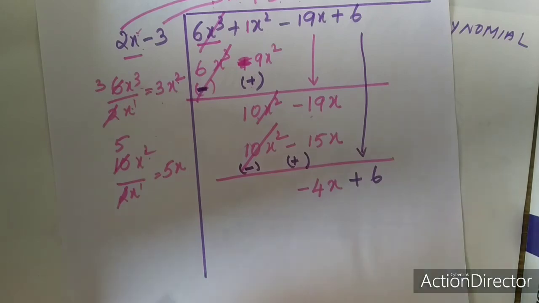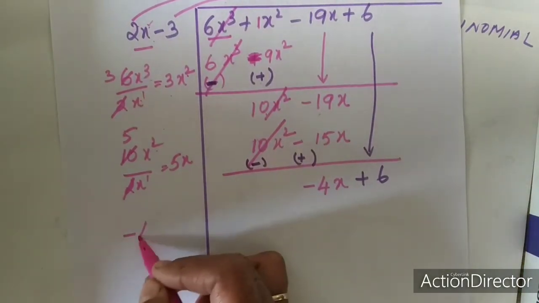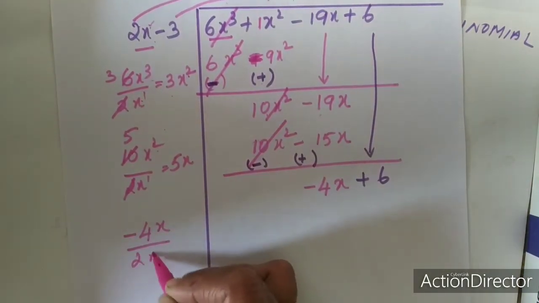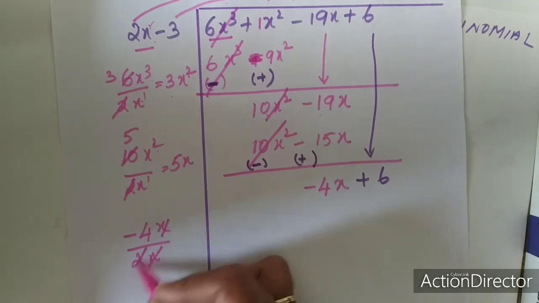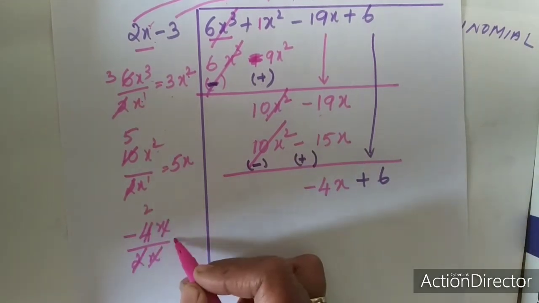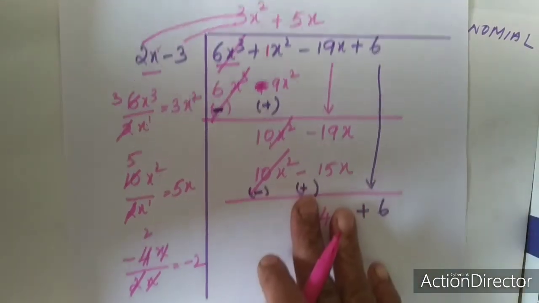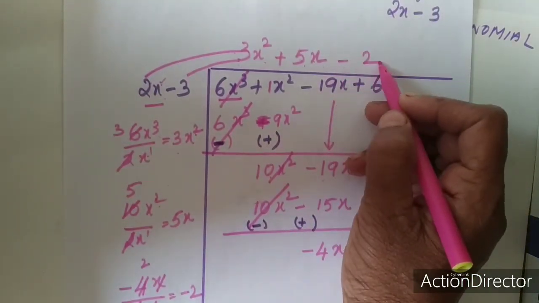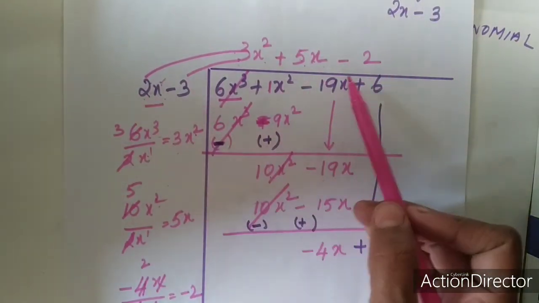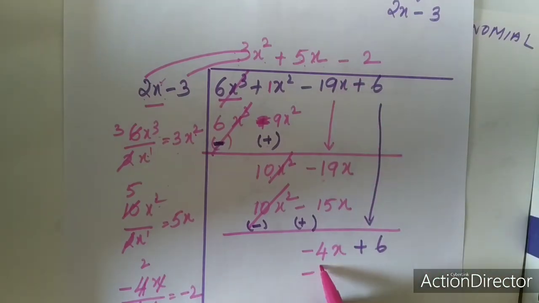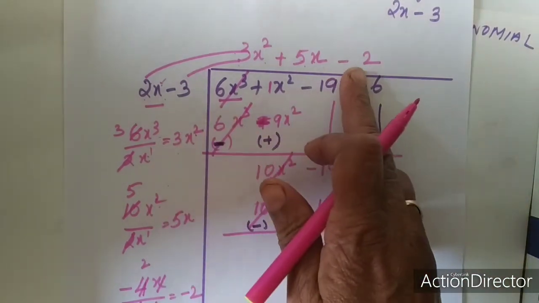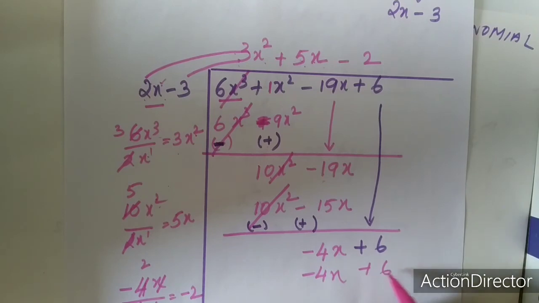After dropping down, division, that is minus 4x upon 2x. x and x will get cancelled. 2 and 4 will go 2 times. So answer is minus 2. So next term in the quotient is minus 2. Now you multiply 2x into minus 2 is minus 4x, and minus 3 into minus 2 is plus 6.